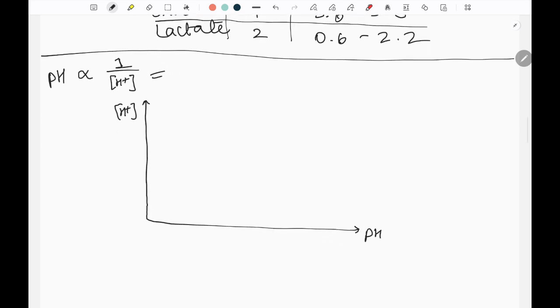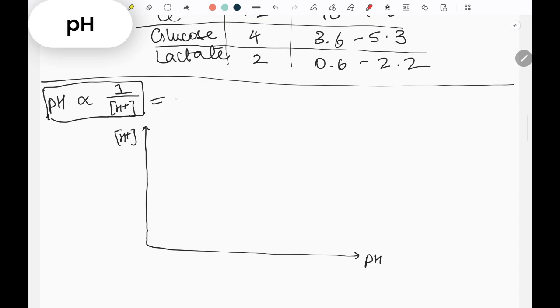What is pH? So I've drawn a really weird, complicated equation here, but it's really not that difficult to understand. All it says is that pH is the inverse of the number or concentration, if you want to be more specific, of H plus ions.